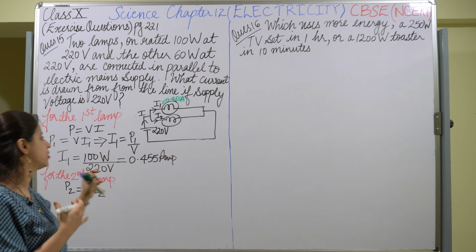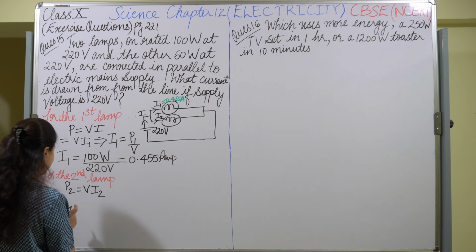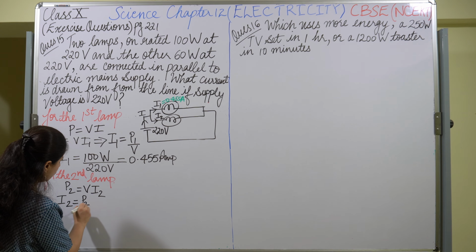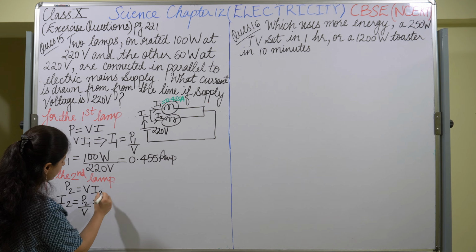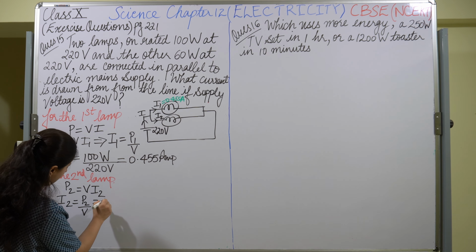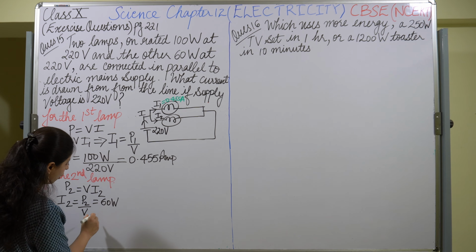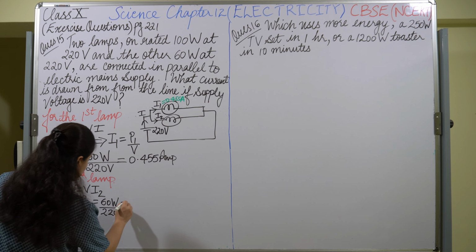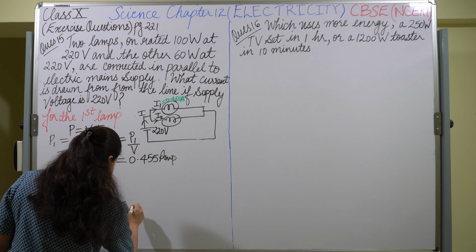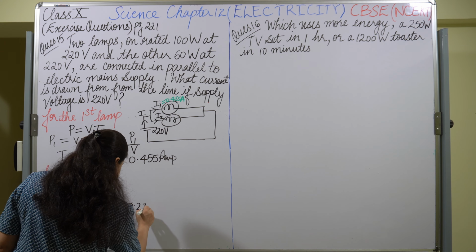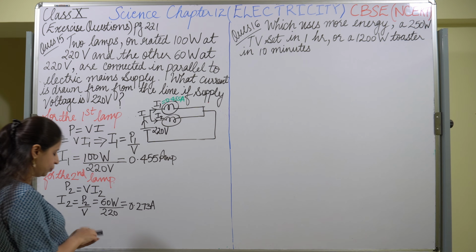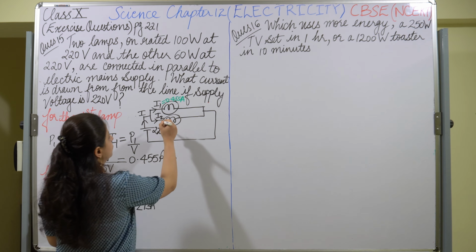This is the main concept being applied here. So I2 equals P2 upon V. P2 is given as 60 watts, so 60 upon 220 comes out to be 0.273 amperes. This is our I2.